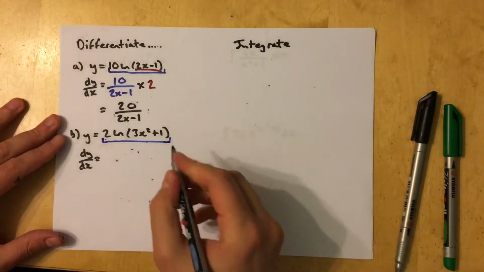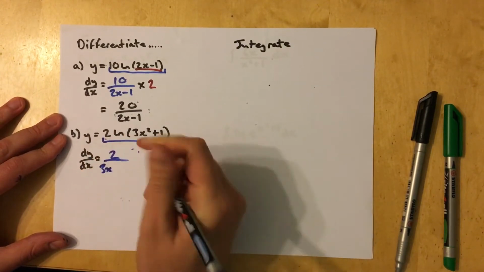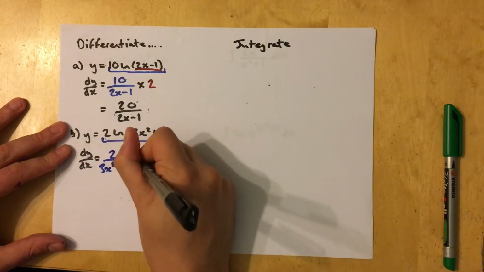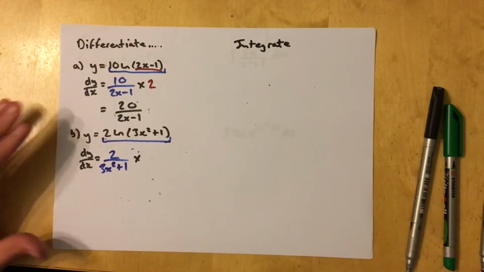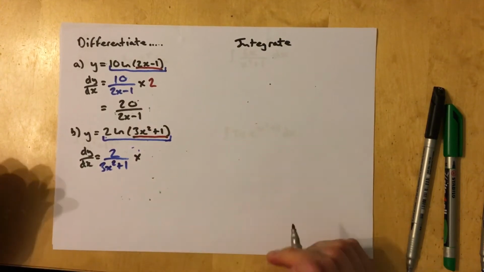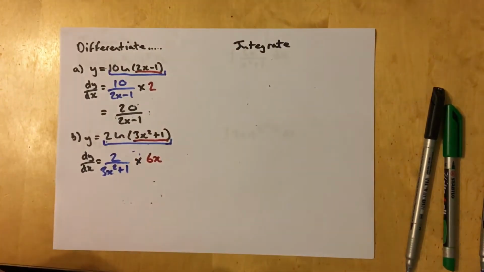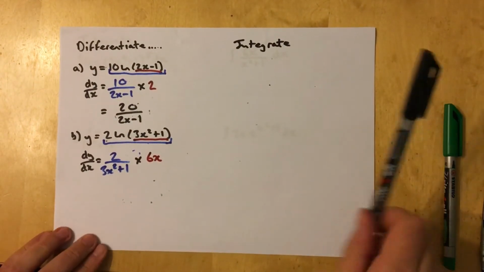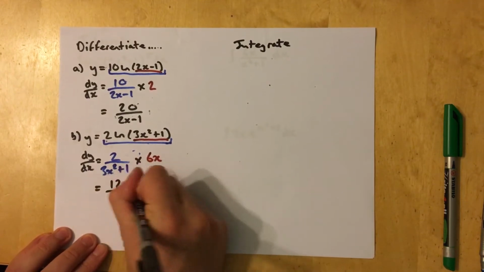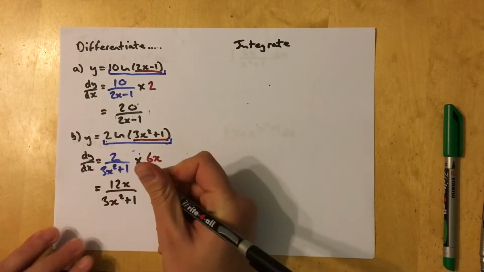So when I differentiate that, I'm going to get 2 over that something or other. And then we multiply that by the derivative of our inner function. Our inner function here is 3x squared plus 1, so the derivative of that is going to be 6x. So if we tidy that all up, I'm going to get 12x over 3x squared plus 1.